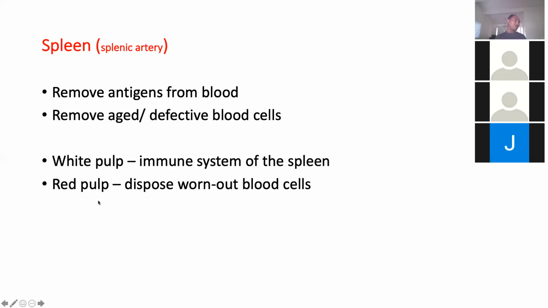The red part is for blood, disposing of worn out blood, and the white part is for immunity. That's the way I try to remember it.